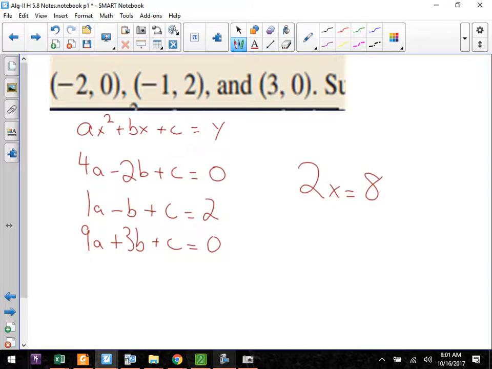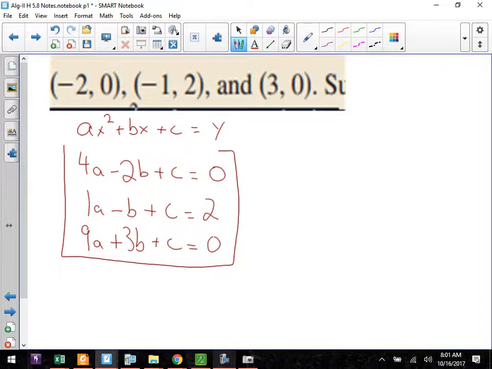Now, what if I told you that there was a way that you could just put this in your calculator? Have you guys ever heard of a thing called a matrix?